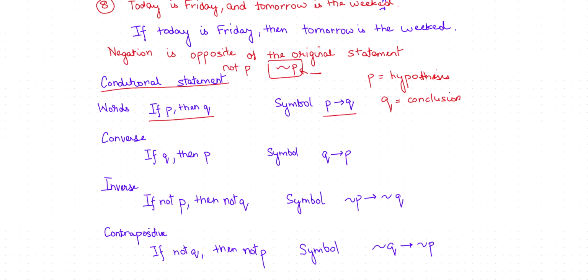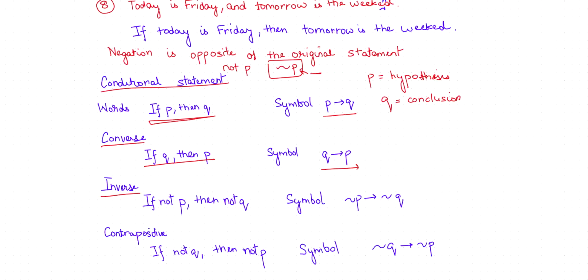Now, if we have to write the converse of this conditional statement, we exchange the hypothesis and the conclusion. So if Q, then P. This becomes Q arrow P. Now in the inverse, we negate both the hypothesis and the conclusion in the conditional statement.